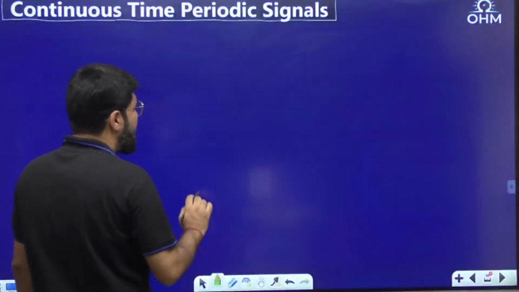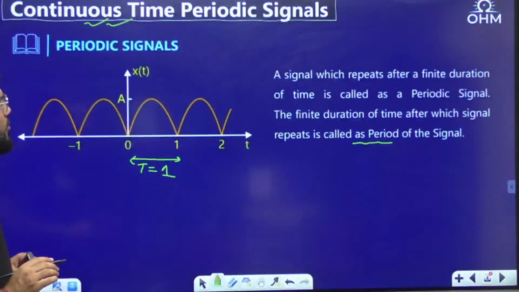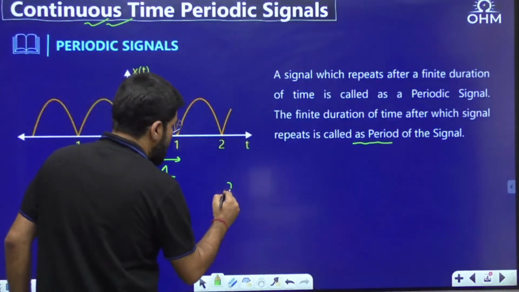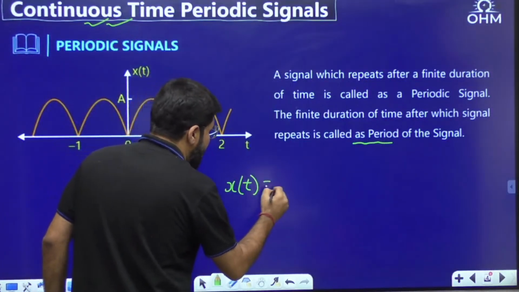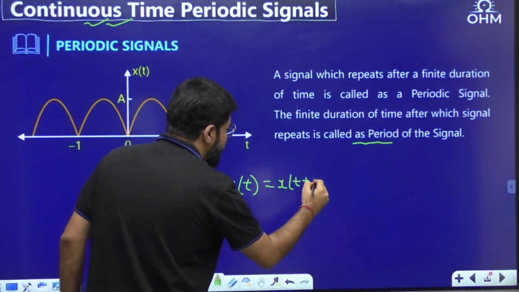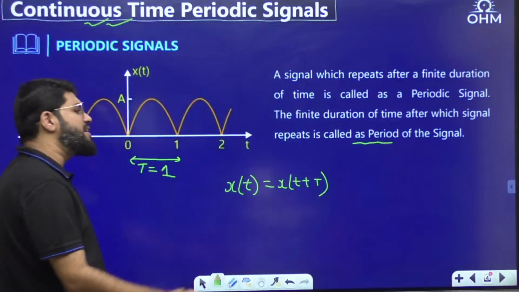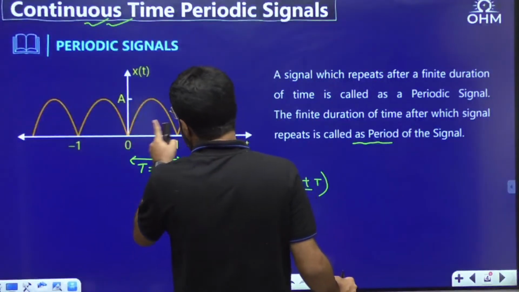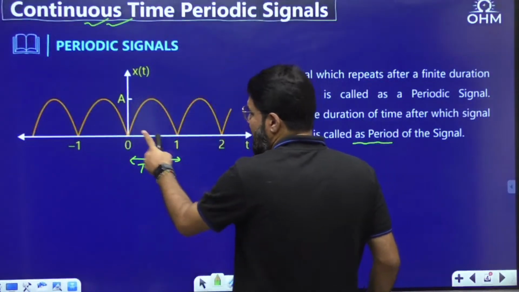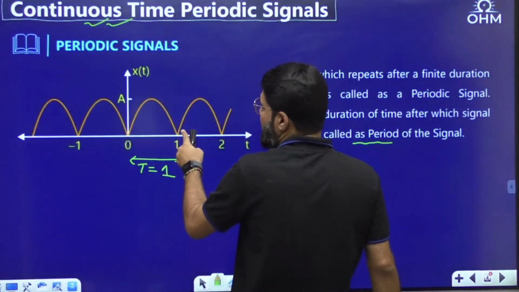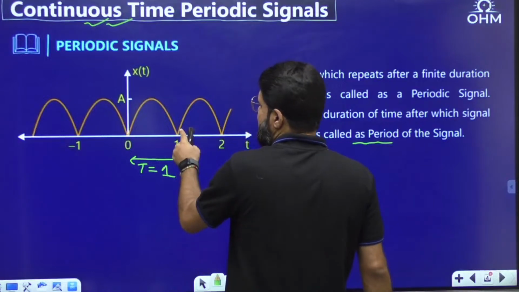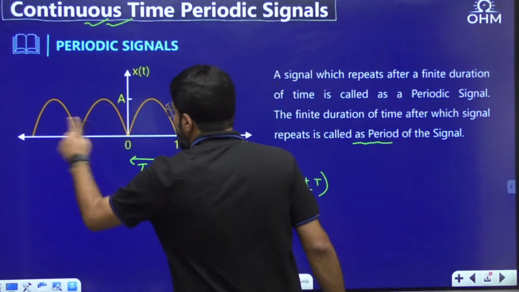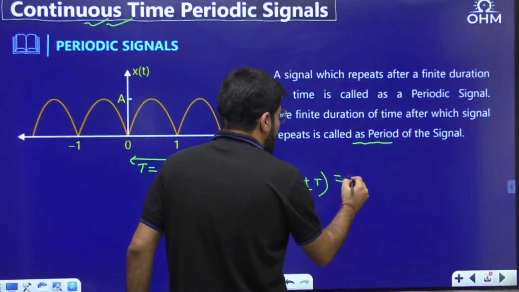Putting it in simple words, if you look into the first basic waveform, the value of the signal x(t) should be the same as the value of the signal at x(t plus T) or x(t minus T). T plus T means left shift. So whether you go 1 unit left or 1 unit right, here the time period was 1, you get a similar value. Whether you go 2 units left or 2 units right, you get the similar waveform.